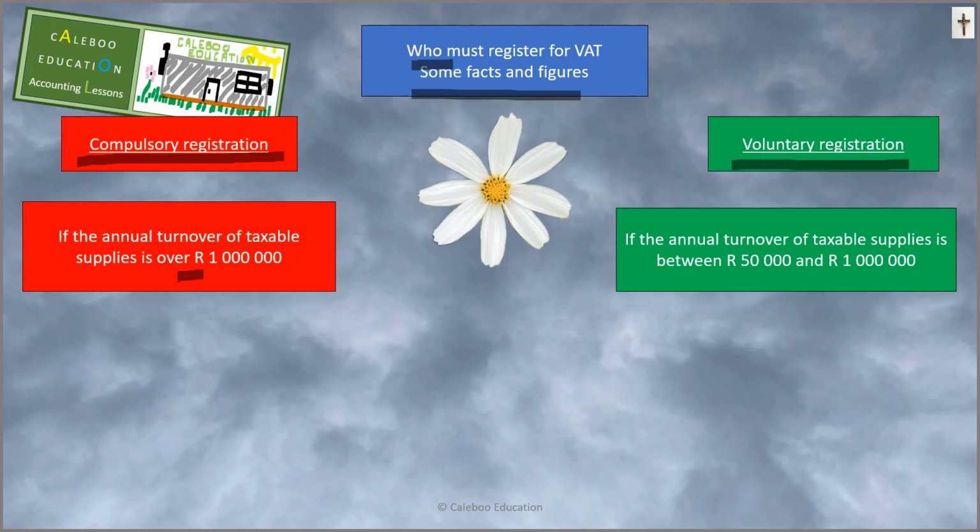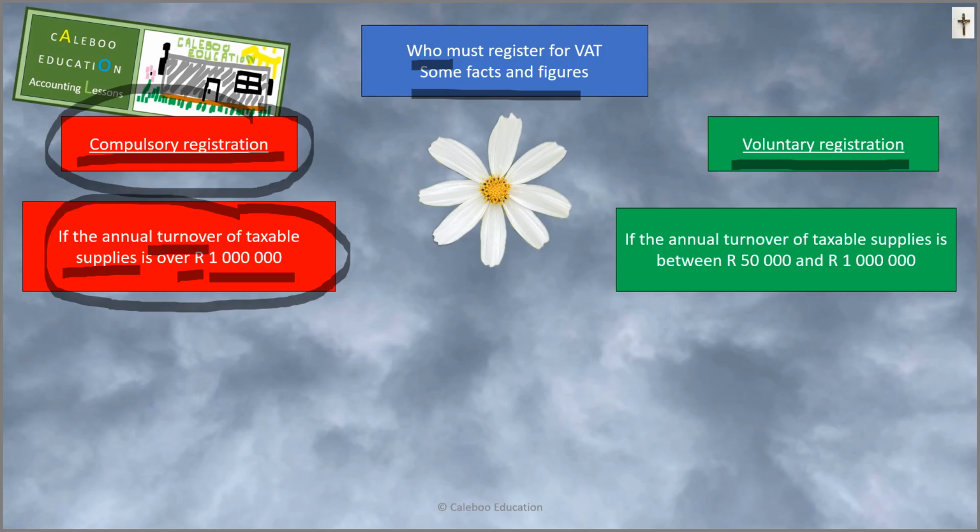But in South Africa, if the annual turnover, the annual sales of taxable supplies, standard rated supplies, we'll have a look at what is a standard rated supply, but if the annual sales is over 1 million rand, it is compulsory to register for VAT.